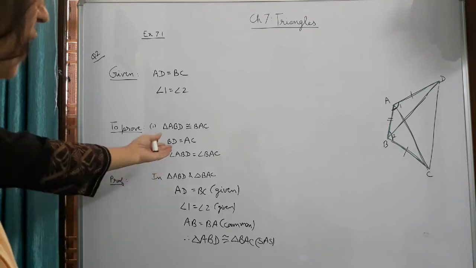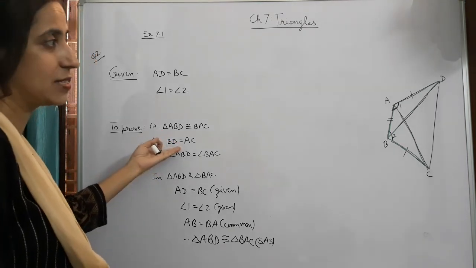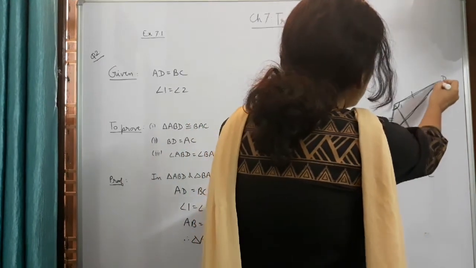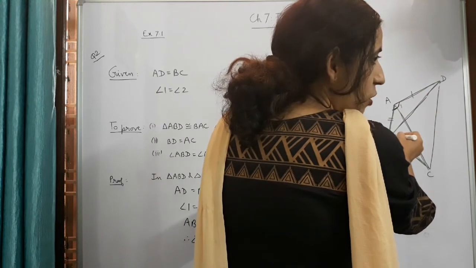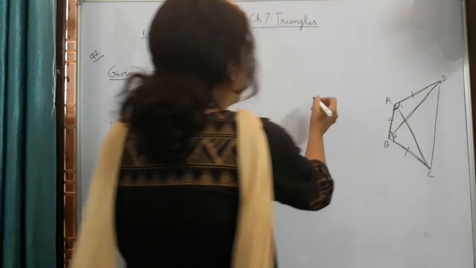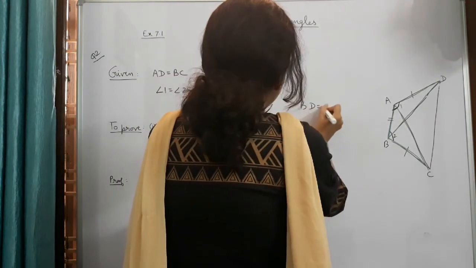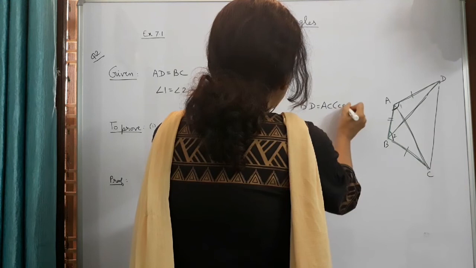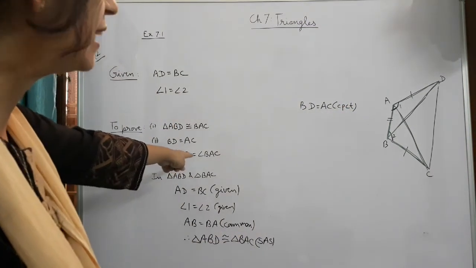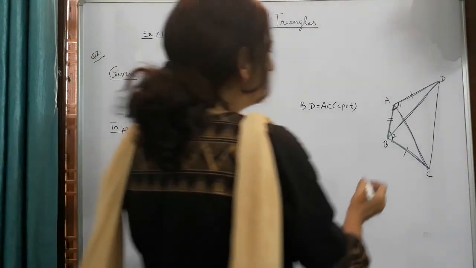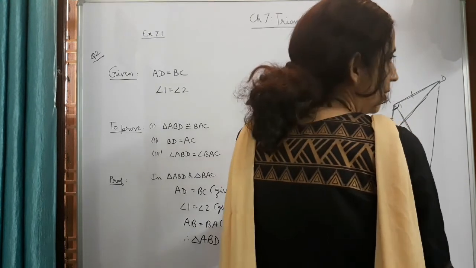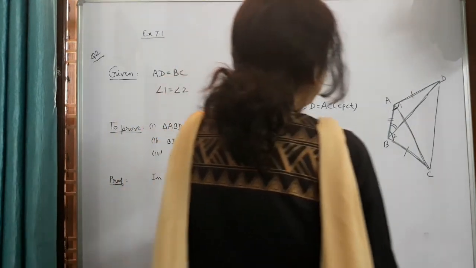After this they are saying we have to prove that BD is equal to AC. So definitely the triangles are congruent. So corresponding parts of congruent triangles would be equal. So BD would be equal to AC. We will obtain by CPCT. So BD is equal to AC by CPCT. And also they are saying that prove that angle ABD, so this is angle ABD, this angle is equal to angle BAC.